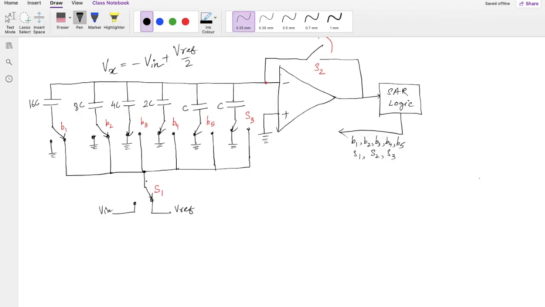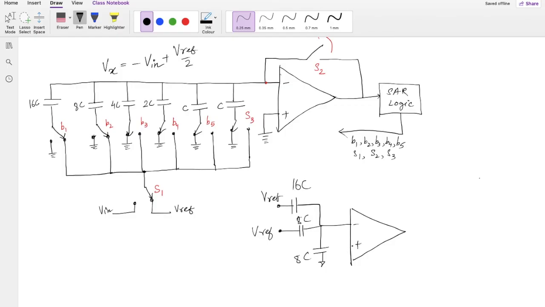Again I have this op-amp here, minus plus. This 16C is connected to Vref, and 8C is also connected to the Vref, and the remaining 8C are connected to the ground. And of course this is grounded.